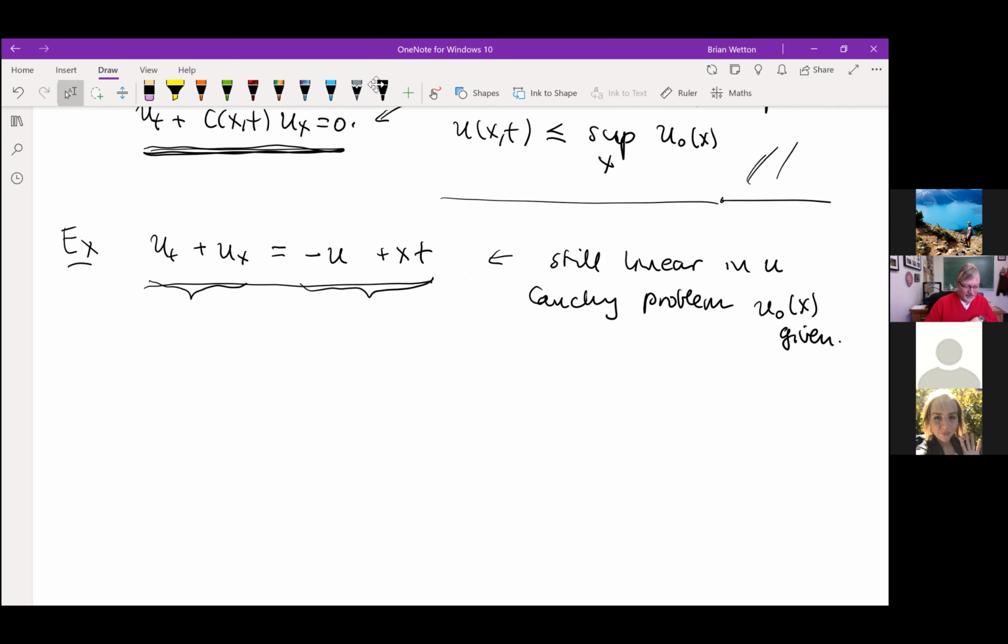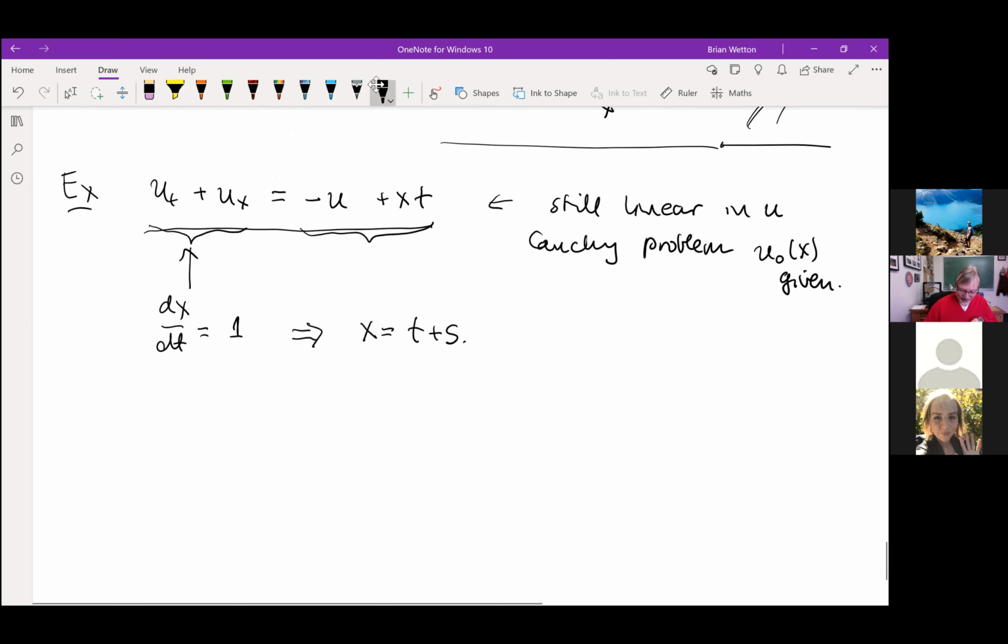Okay, so I'm going to do the same game I did before. I'm going to look at this along characteristics, right? So here the characteristics are dx by dt is equal to 1. That tells me that x is t plus s. This is back to the one-way wave equation, right?